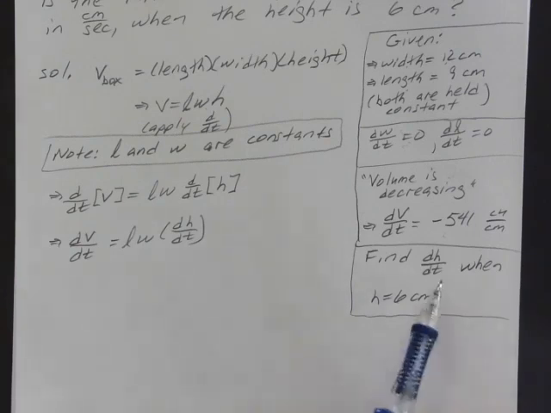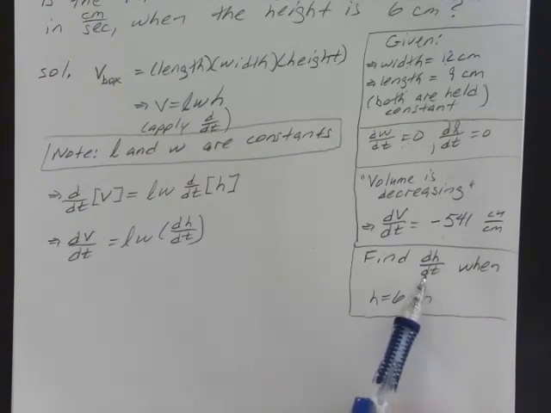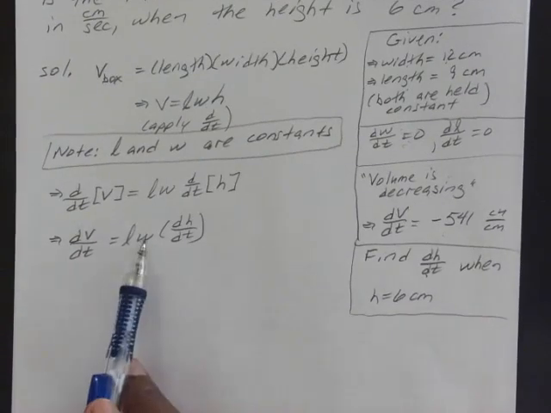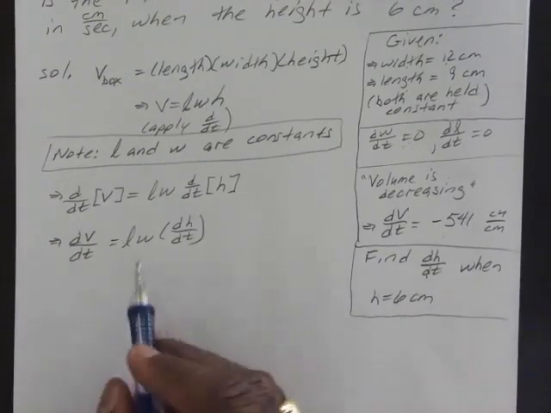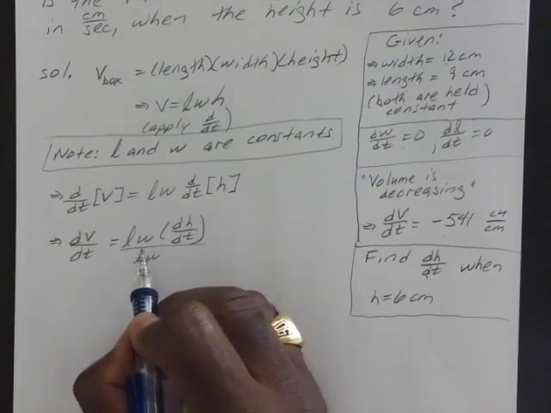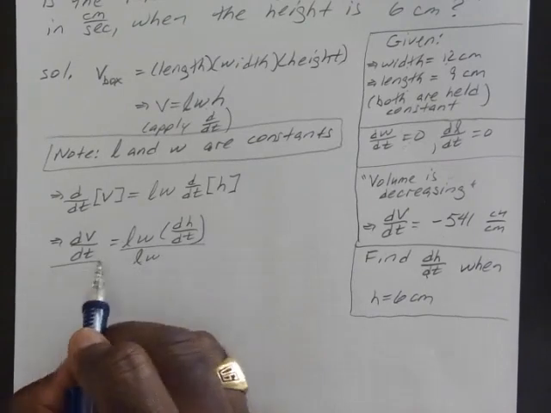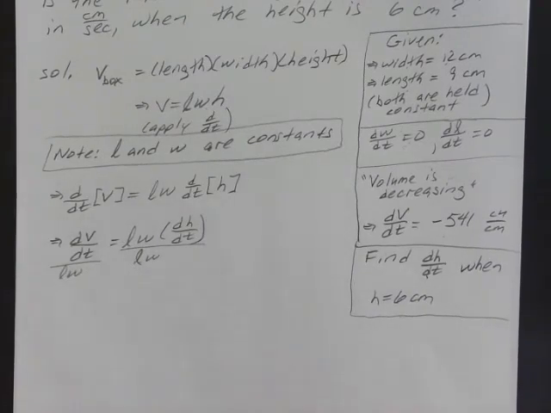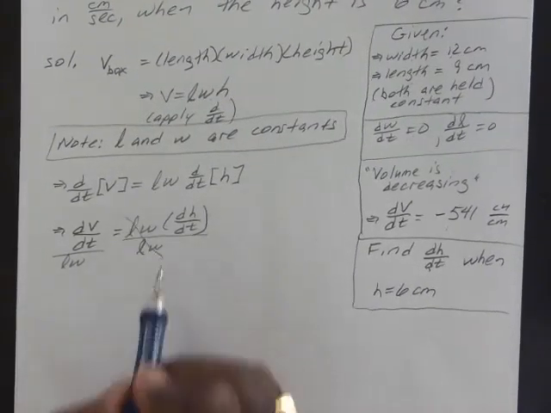Okay. So since we're looking for the rate of change of the height with respect to time, we have to get rid of that length times width, which means we just divide both sides by that length times width. Those two cancel each other out.